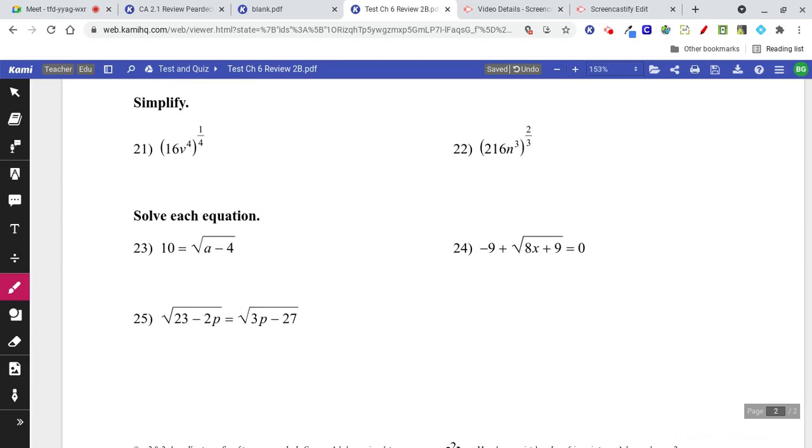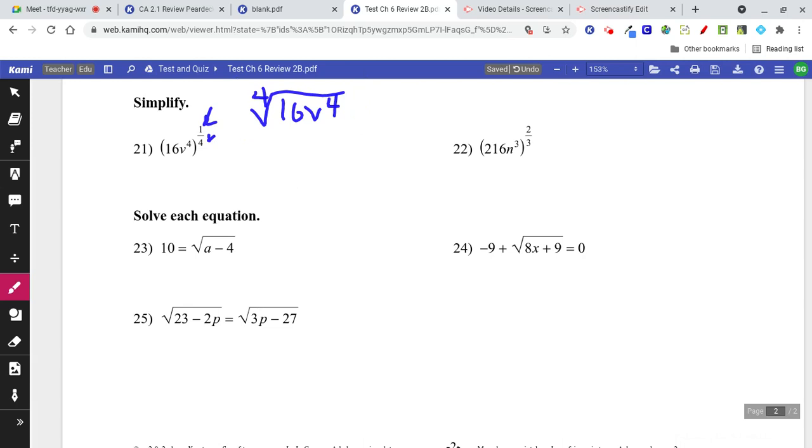So then the next one, simplify. I think the best thing that you can do is change it to radical form first. That denominator is the root index. 16v to the 4th. We're taking the 4th root of that. And again, this numerator, if it's 1, you don't really have to do anything because that doesn't do anything.